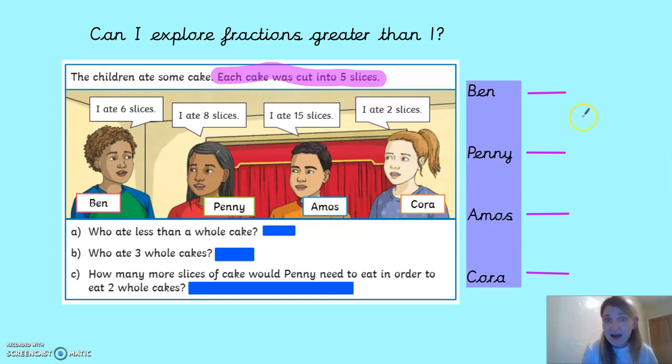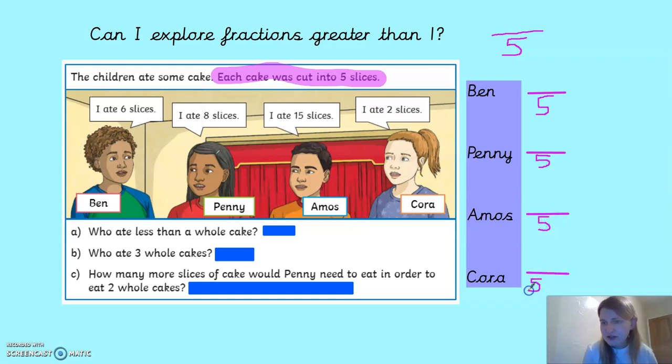Hopefully you've gone, aha, if each cake is cut into 5, that's our denominator, because our denominator is how many parts something is cut into. So if we're working out what fraction each child ate, the denominator is going to be exactly the same, because they ate from cakes that were cut into 5 equal parts, okay? So that gives us our denominator.